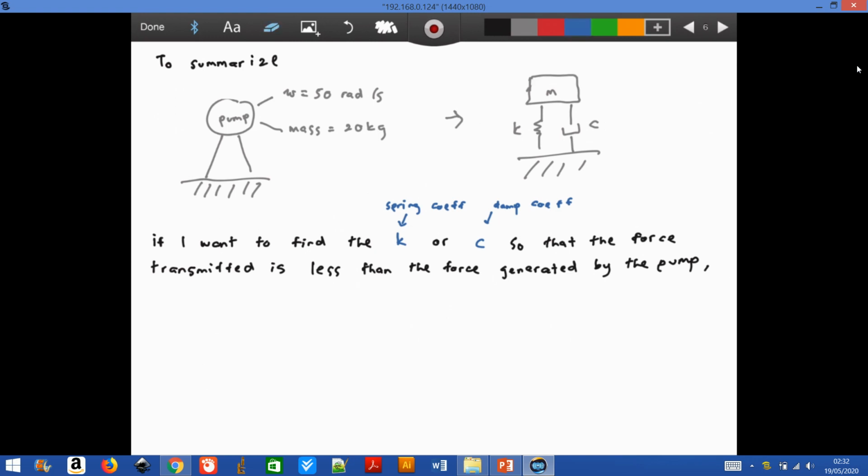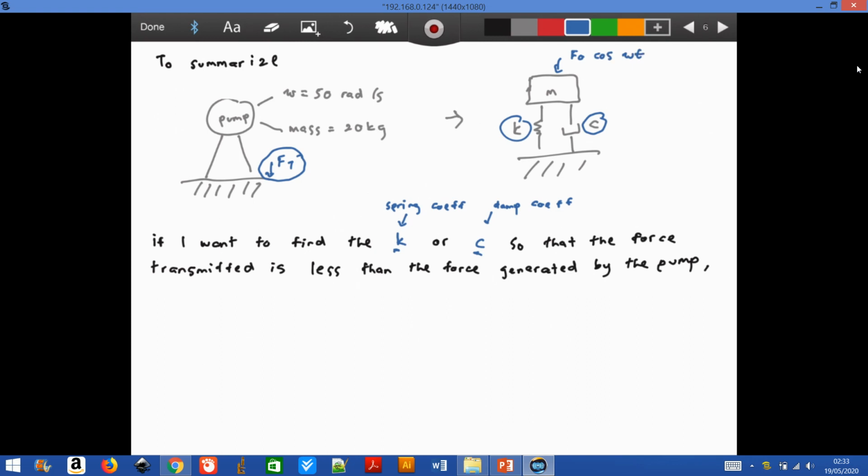Once this pump is activated, force will be transmitted. Okay, so if I want to find the K or C, the spring coefficient or damping coefficient, so that this force transmitted is less than the force generated by the pump, which is Fo cos omega t.